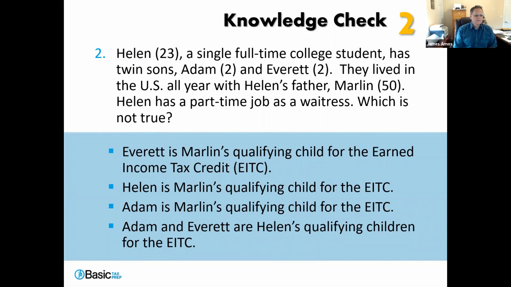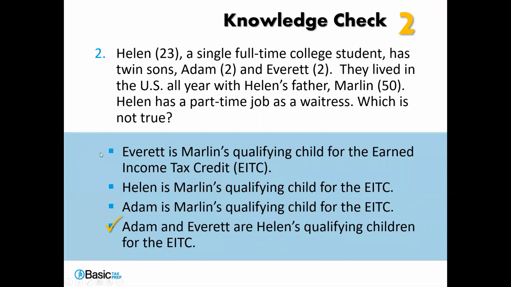A. Oh, okay, so the answer is D. Okay, so Sheila, you had the right answer. Could you unmute yourself and walk us through why this is the right answer? Okay, so which is not true.